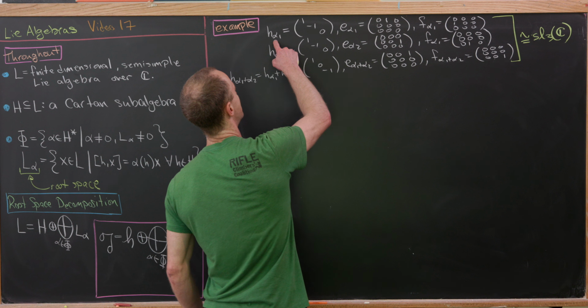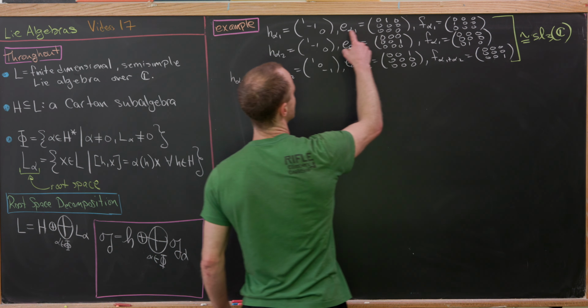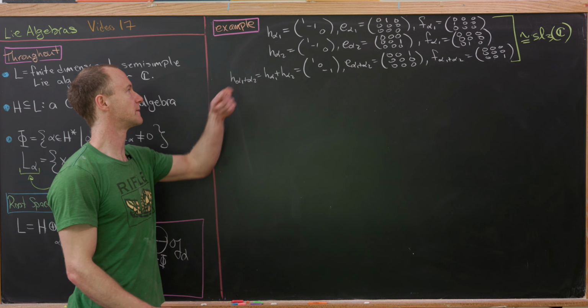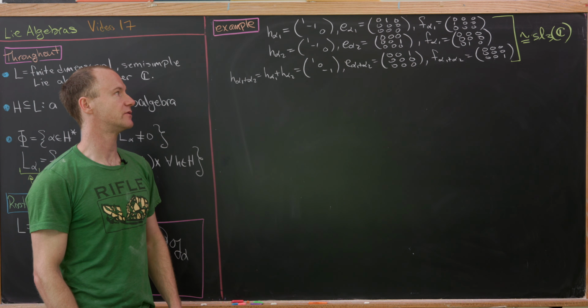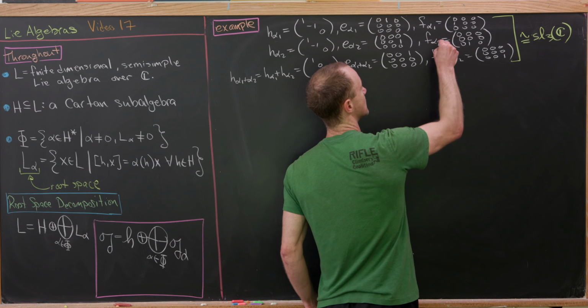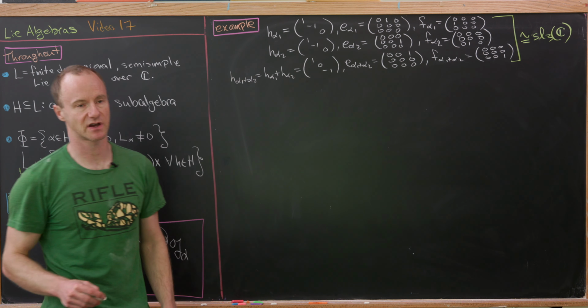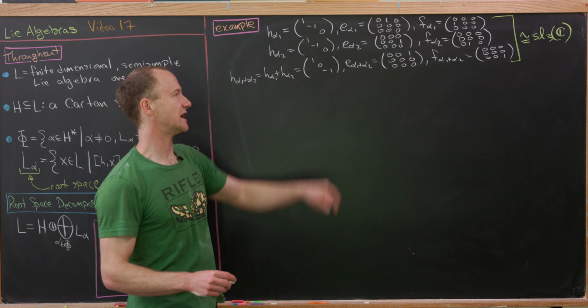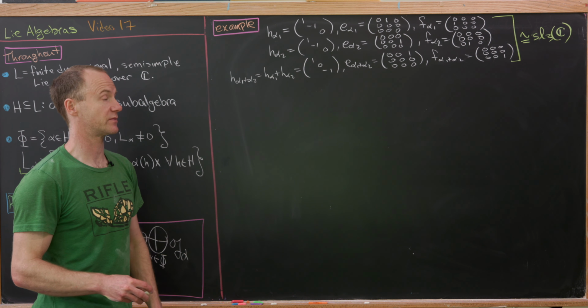Based around H alpha 1, we have an E alpha 1 and an F alpha 1. Those produce a copy of SL2 like we saw before. Then we've got an H alpha 2 with an E alpha 2 and an F alpha 2, which also produces a copy of SL2. And then an H alpha 1 plus alpha 2, with E alpha 1 plus alpha 2 and F alpha 1 plus alpha 2.